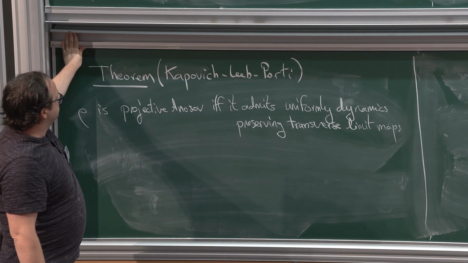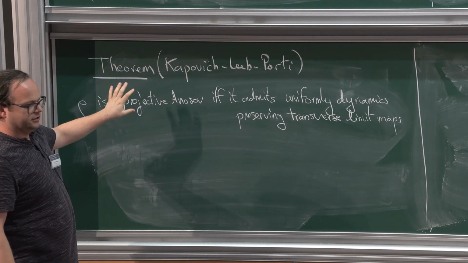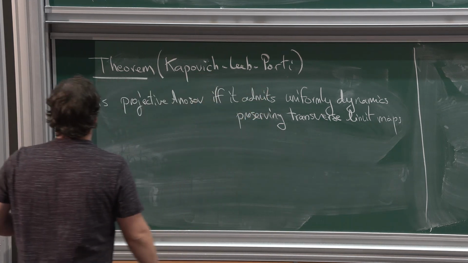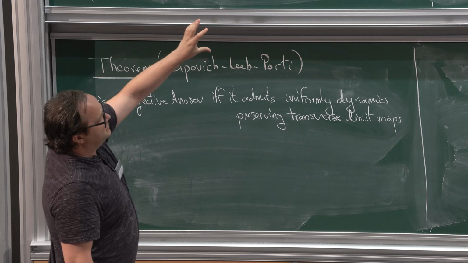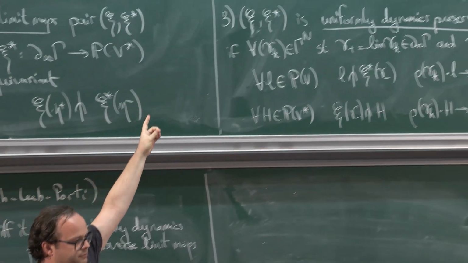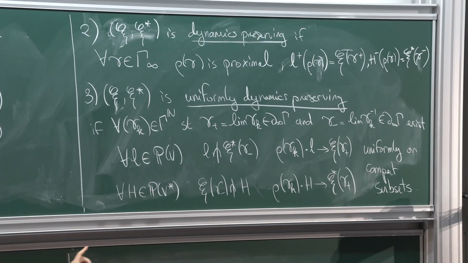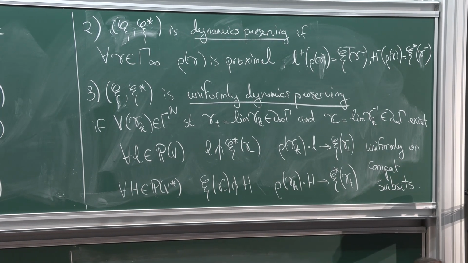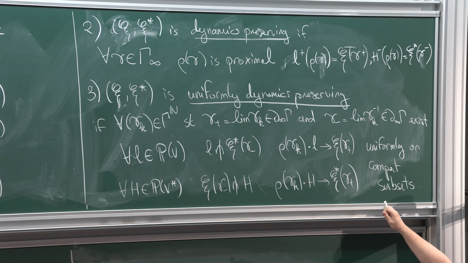So one way that I like to think of this definition here is that uniformly dynamics preserving implies that it's dynamics preserving. Maybe I should have said this. Which is something that you can see by applying this property to a sequence which is just the powers of one given element.